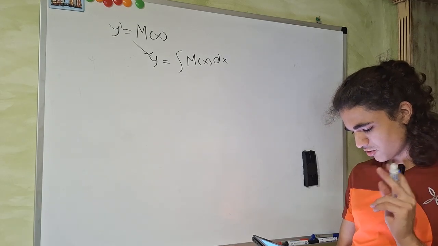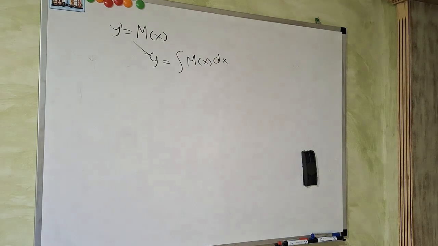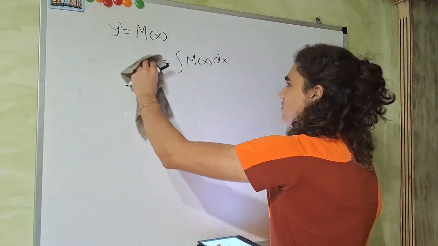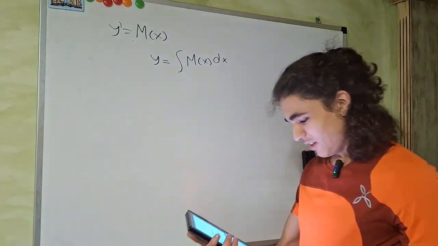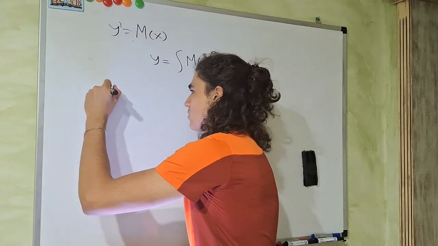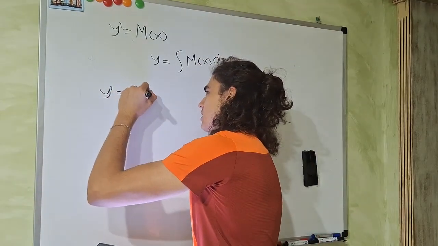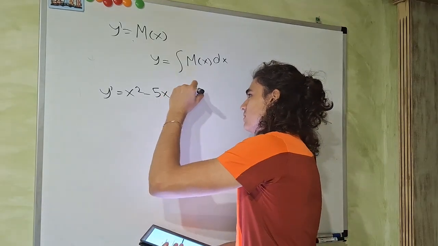So we're going to solve two more examples, another trivial example and then a more complicated example. Well, I'm not going to erase this because it's what we're doing. So the example is y prime equals x squared minus 5x, then we have to add a 6.